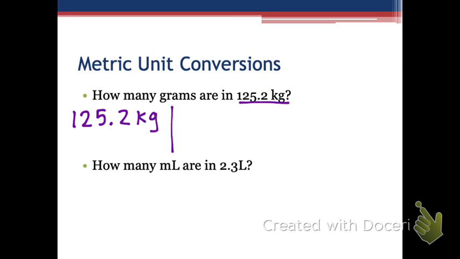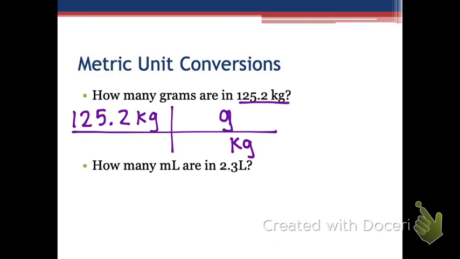Okay, and we draw our T. I want you to look at your chart and see, is there a direct way that we can go from kilograms to grams? Yeah, I would agree. Because we know based on our chart, kilograms to grams.